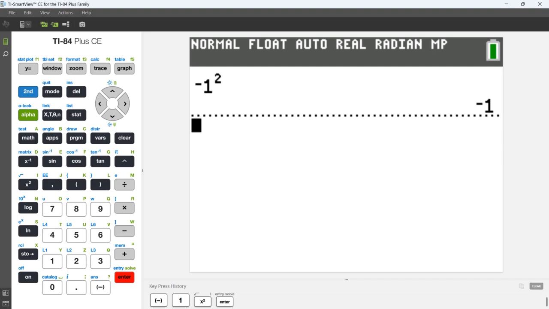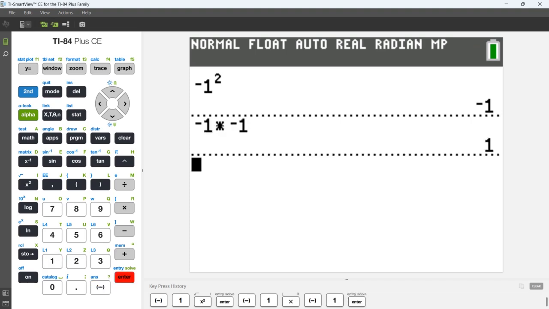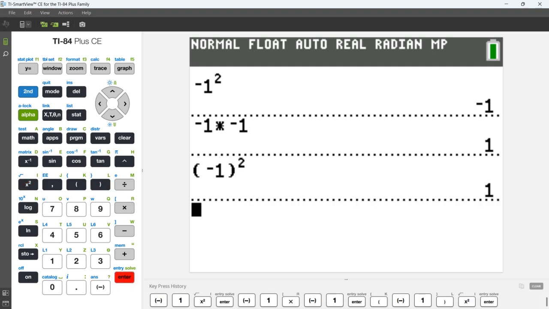That is not what you want. What you want is -1 times -1. That's what it means to square something, and so you want to get a 1. In order to do this using the exponent, you need to make sure that your base is in parentheses like this, then square it. So you get what you want, which is a positive 1. So, just a little side note there.